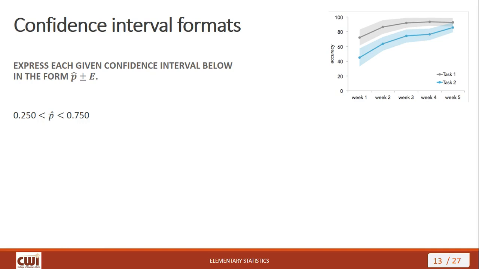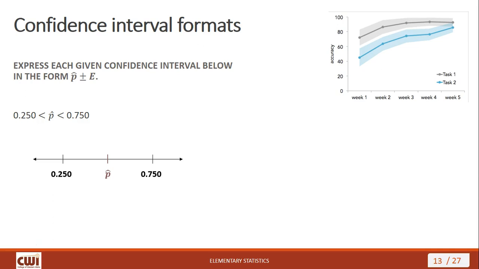The format we're given is that 0.25 is less than p hat, which is less than 0.75, and we need to convert this into the form p hat plus or minus E. To do this, we need to find out the value of p hat and the value of E. The simplest way to conceive of this is to think about the limits of your confidence interval as being points on a number line. Your point estimate p hat is directly in the middle between these two limits, the upper limit and the lower limit.